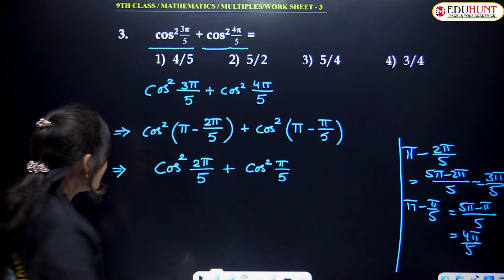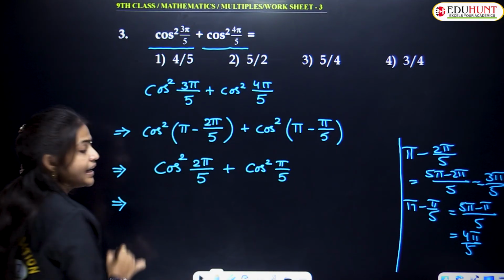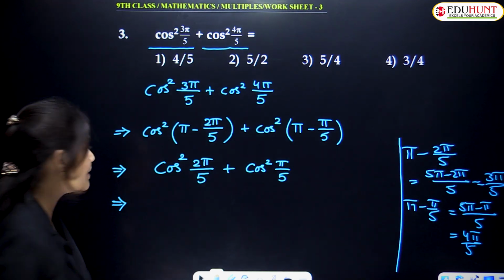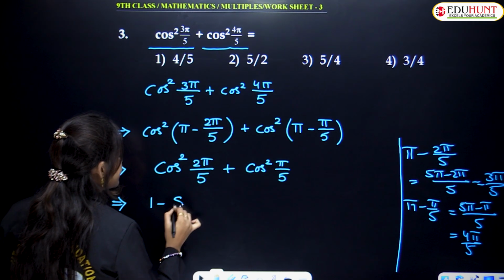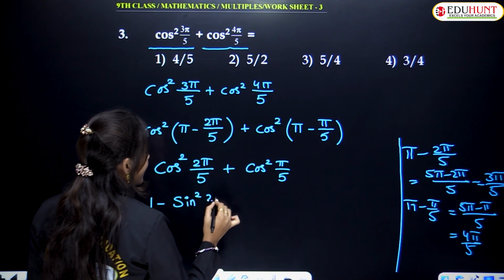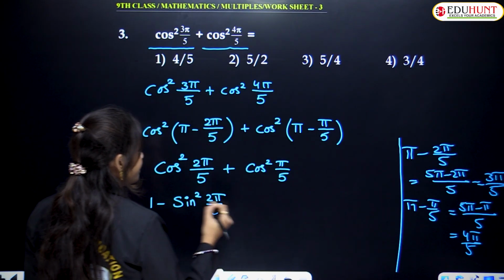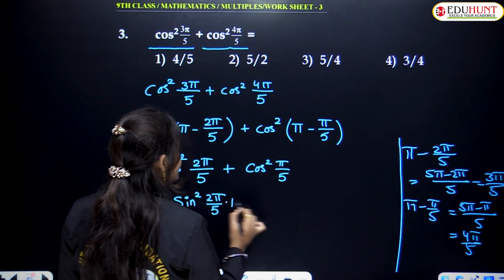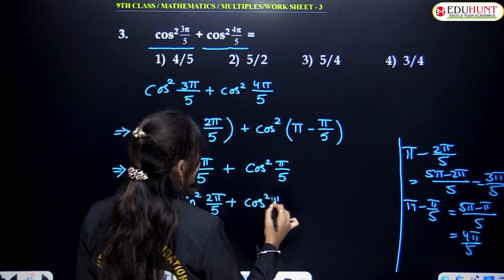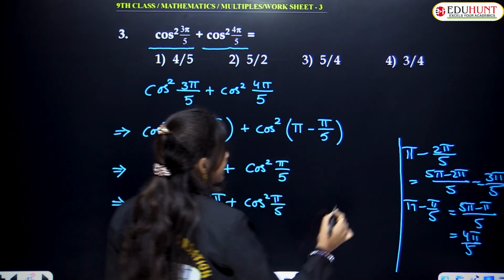Okay. Here I want to write one of the terms in terms of sine. I want to write this as 1 minus sine square 2 pi by 5, plus cos square pi by 5. Which formula did I use here?